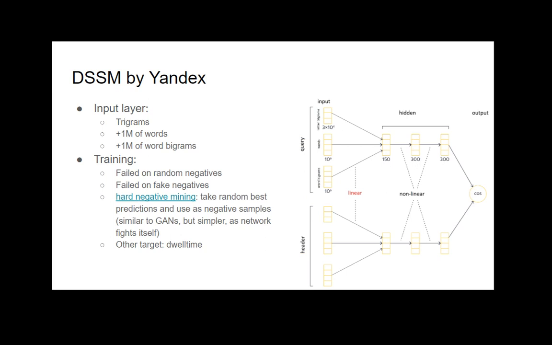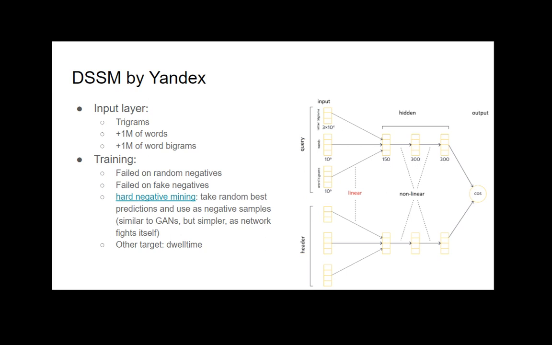So it's not, again, ranking for relevance, it's ranking for zeros and ones. 1 for match and 0 for randomly sampled, meaning that the model is deep enough to learn this kind of function. They failed on fake negatives. They tried to build fake negative examples, and instead they got a network which was very good at guessing what is the fake sentence and what is the real sentence from the web.